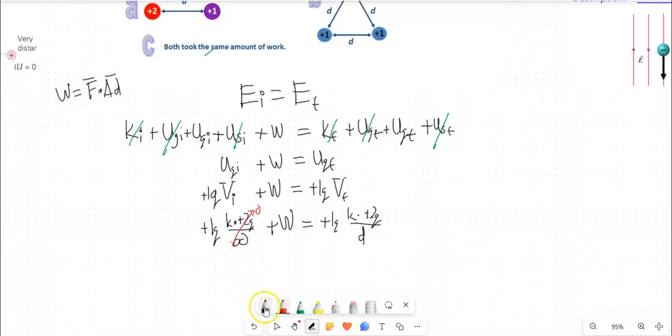So this is going to be positive 1Q times 0 plus work. So this whole thing is just 0. Now I'm going to multiply all that together: positive 2KQ squared over d.